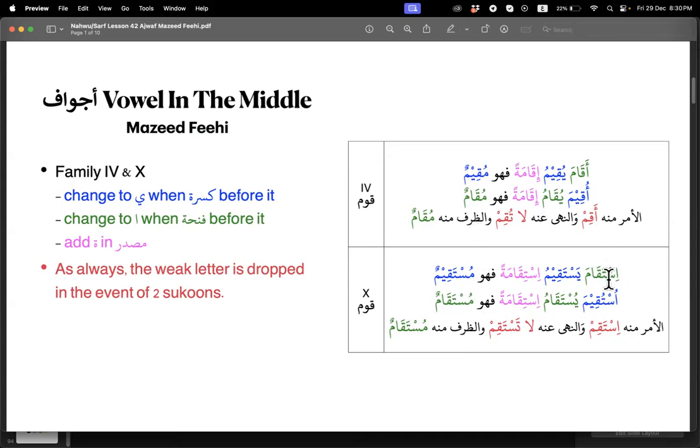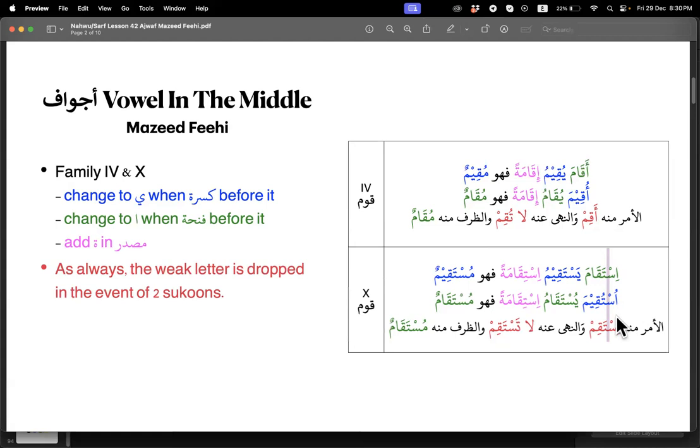So again, for family 10, you can remember this word because we use it a lot: istiqamah. Istaqama, yastaqimu, istiqamatan, fahuwa mustaqimun. You can remember this, then you don't have to think about what changes happen to it. And then the majhul is basically the same, but this word is longer, so you have two dhammas instead of one.